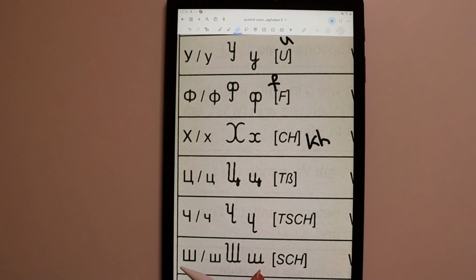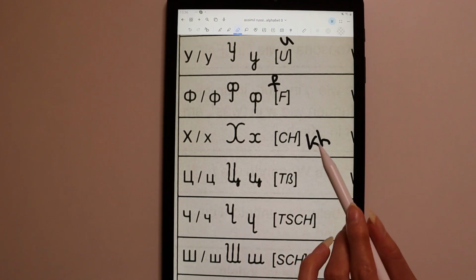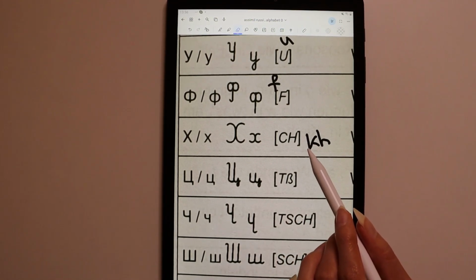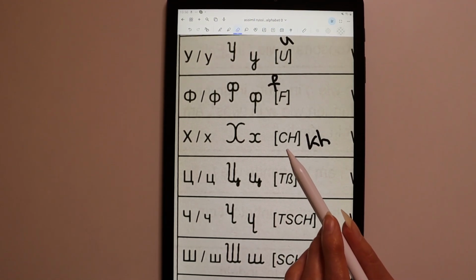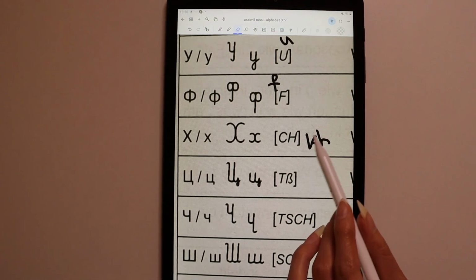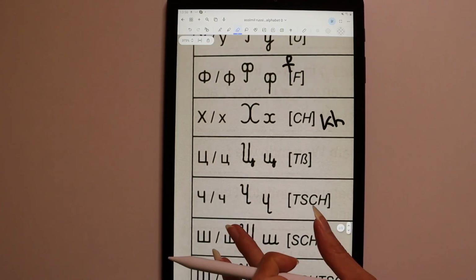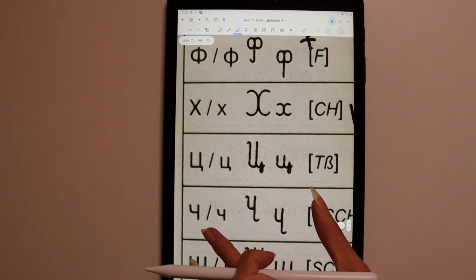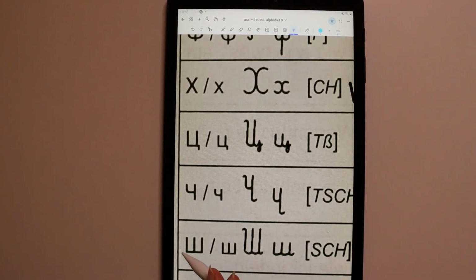In German, as an example, if you say Bach, Bach means a small river, something like this. Or as in Loch, the Scottish word Loch, as in Loch Ness. So cha. And then we have tse.